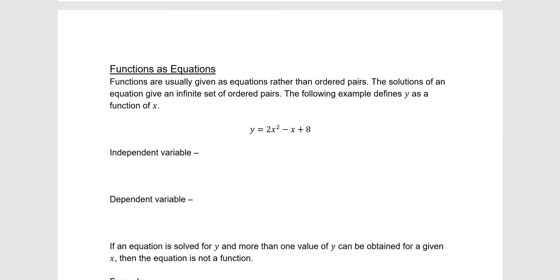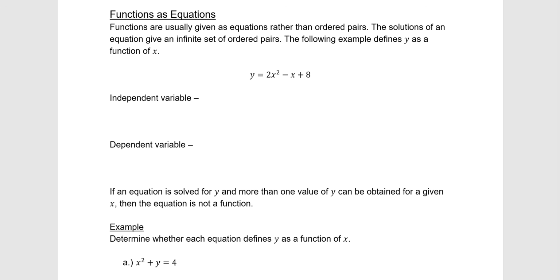Another way that we're going to see functions is written as equations. For this example here, we have an equation which defines y as a function of x. The equation is y equals 2x squared minus x plus 8, and we have our 2 variables, x and y. The independent variable is our x.